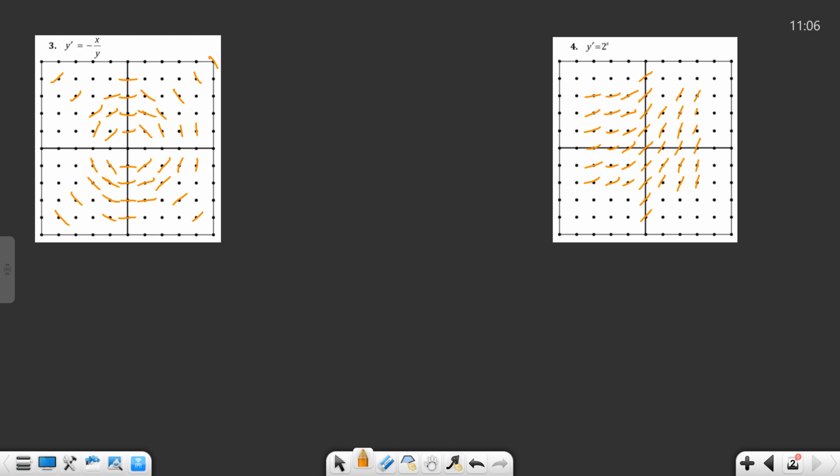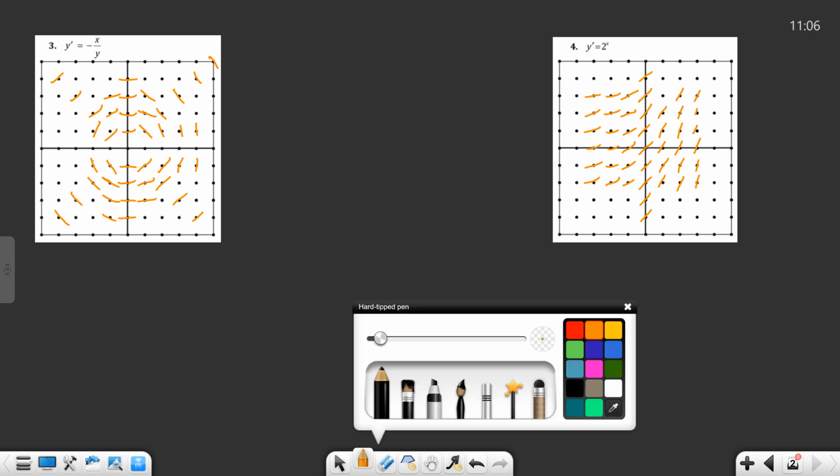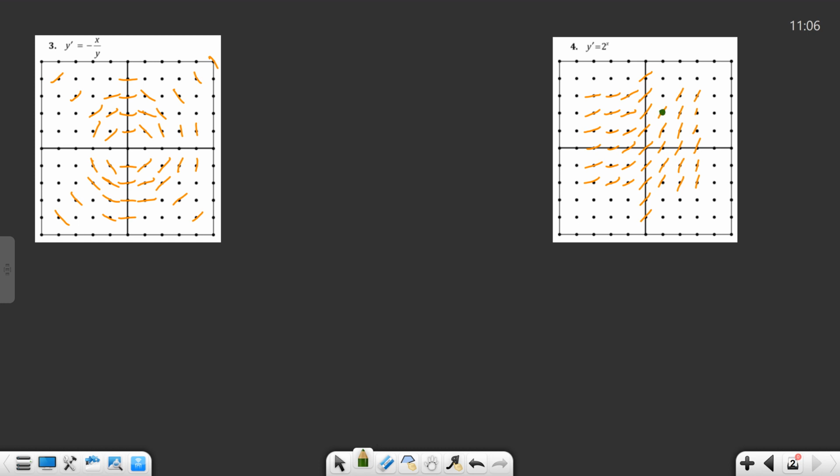I have enough there, however, that I should be able to draw the graph through one of these points. Let's do this point. That's 1, 2. So if I'm going to go through that point, it's going to go kind of like this, maybe something like that.